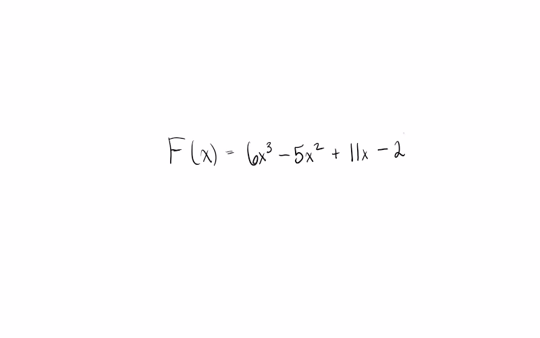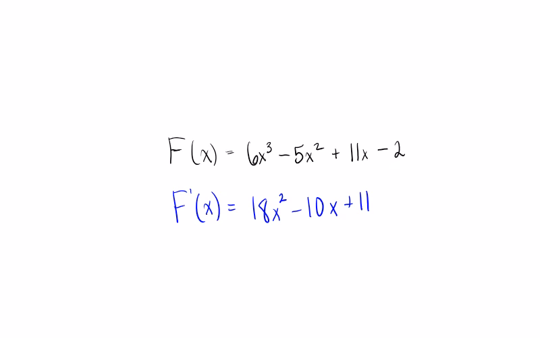But if I have this function capital F of x that equals 6x cubed minus 5x squared plus 11x minus 2, then the derivative of that, if I try to find f prime of x, of course that would be 18x squared minus 10x plus 11, and then this 2 would go away, right?